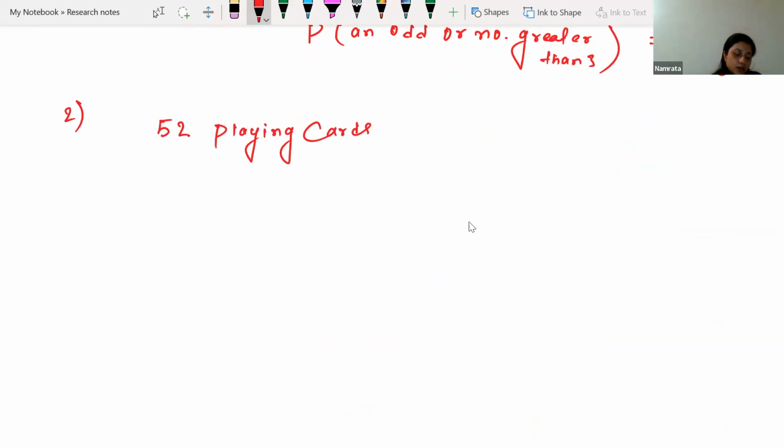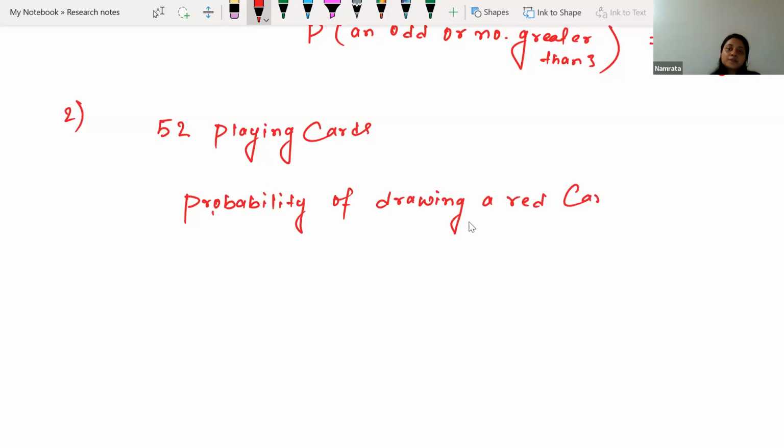The probability of drawing a red card and a face card is 1 by 3. Let's check whether it's 1 by 3 or not, because this is the assertion given.